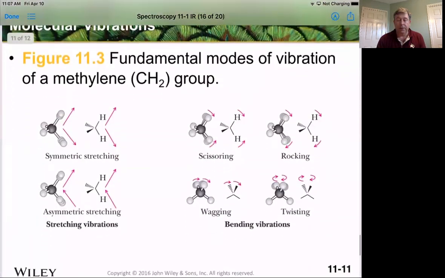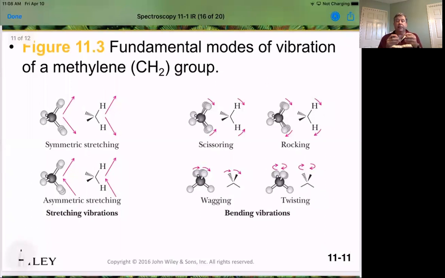Okay, so now it doesn't just have to vibrate between two atoms. We also have different fundamental vibration modes. You don't have to know all these. I just want to introduce the topic that we can have things where, like this top one here, the hydrogens are stretching symmetrically away from each other, and that's a certain vibration.